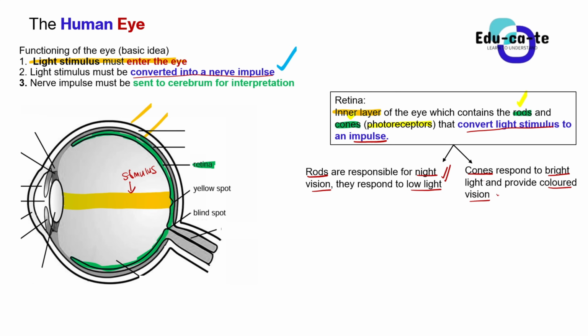So during the day you are able to see color, but in the dark you are not able to see the color of some objects. So the rods respond at night, whereas the cones convert light stimulus into an impulse during the day or bright light conditions. But both of them are photoreceptors.